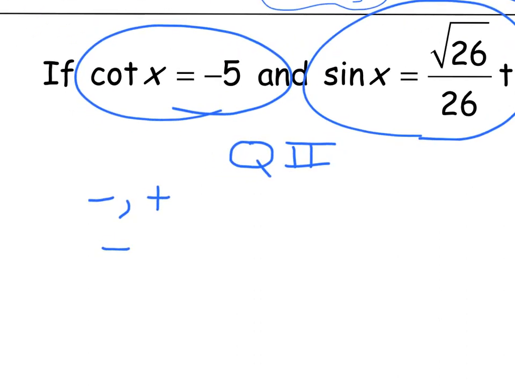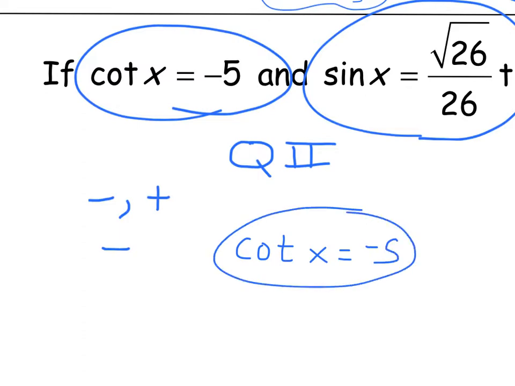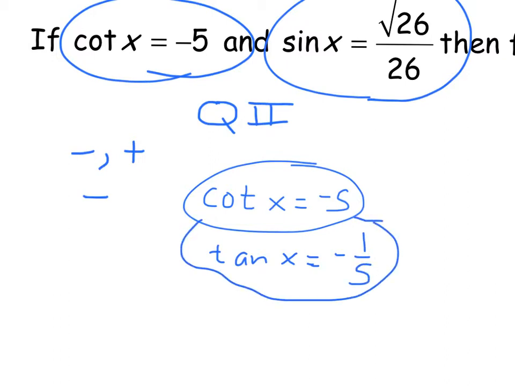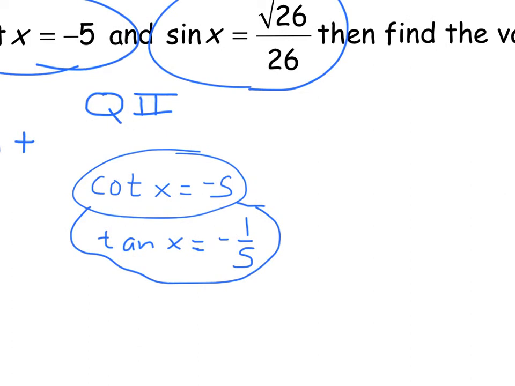So easily we know what cotangent is, so I'll go ahead and record that. It is negative 5. So there's 1/6 of the way done. So therefore, by extension, my tangent is negative 1/5. We also know sine, so that's wicked awesome.